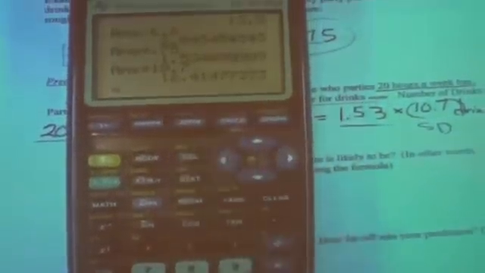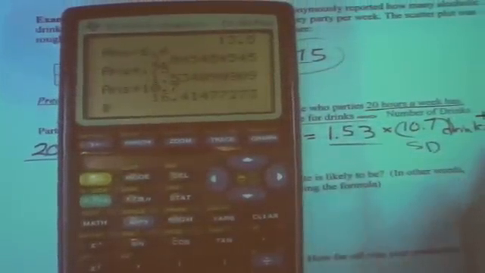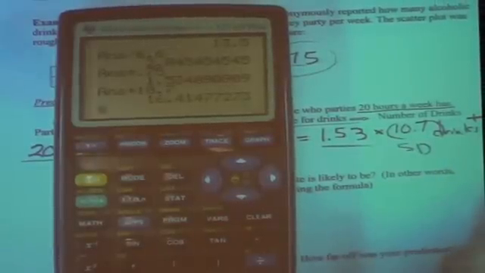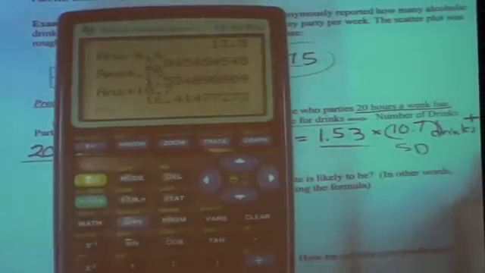Now I'm going to add to this, so this is times 10.7, and what am I going to add it to? The average. The average for what? Drinks, because we're at drinks. And the average for drinks is 8.5.